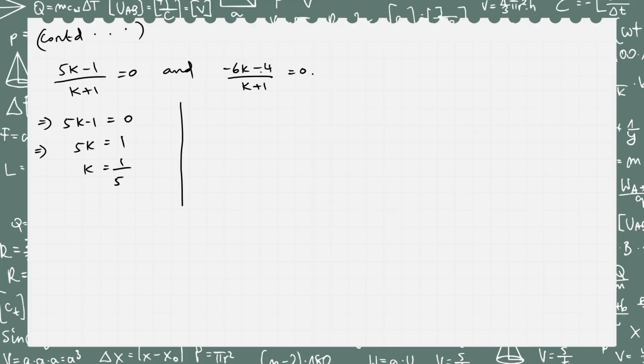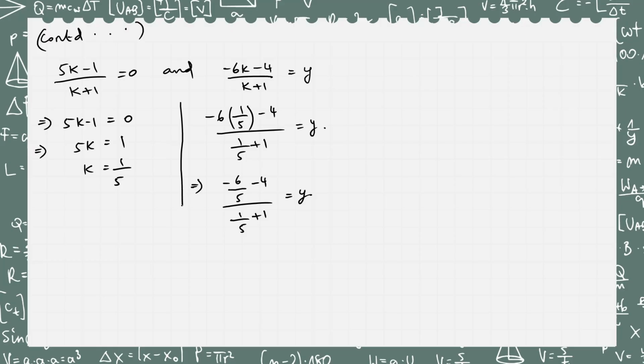Using this k in this expression, (-6 into k, which is 1/5, minus 4) divided by (1/5 plus 1) equal to y, right? So that implies (-6/5 - 4) divided by (1/5 + 1) equal to y. We have to take the LCM for both numerator and denominator, same 5 only. (-6 - 20)/5 divided by (1 + 5)/5 equal to y.